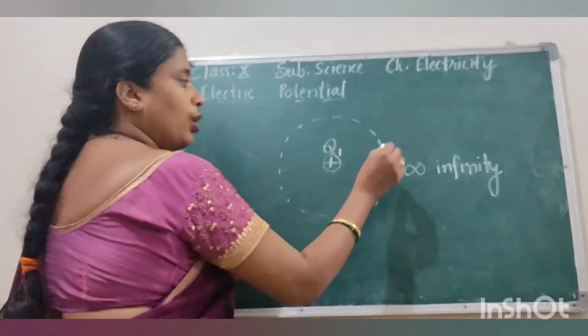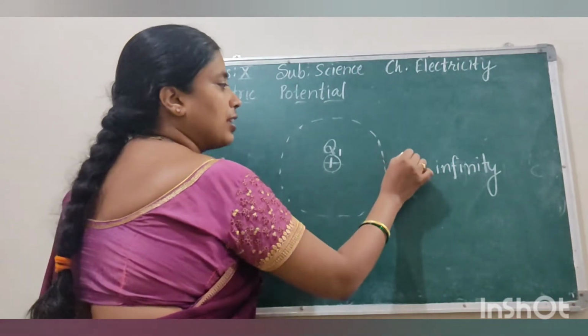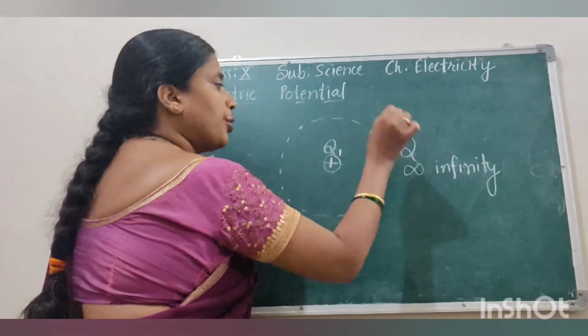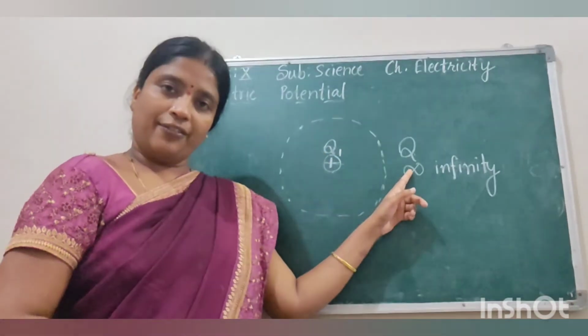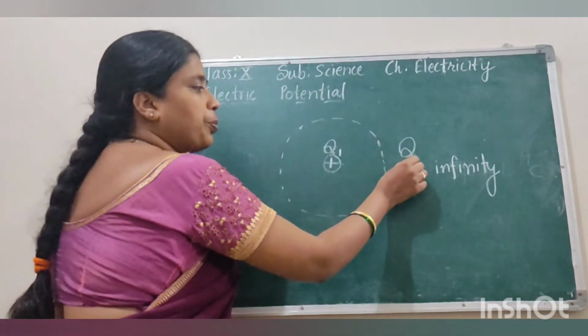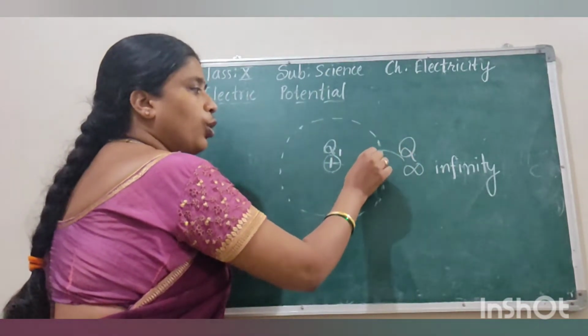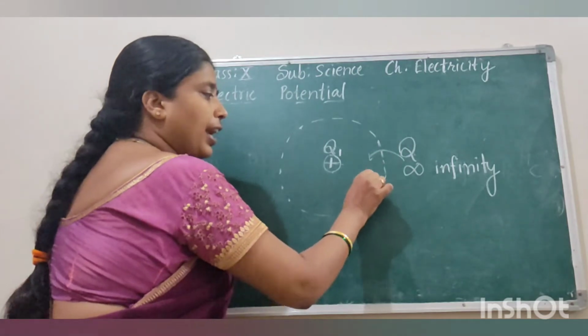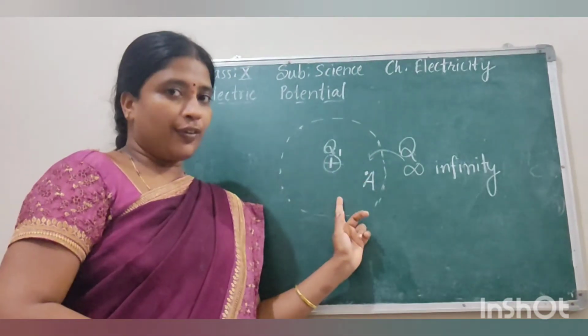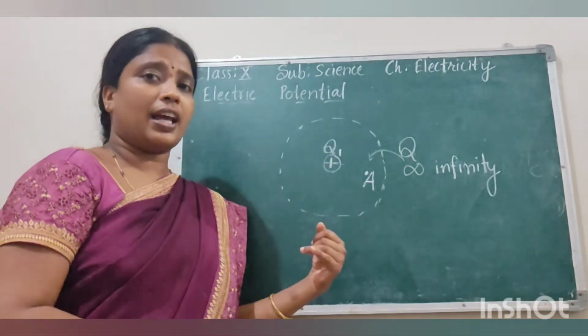Now if you have another charge Q which is at infinity and you are trying to bring this charge Q to a point A under the area of influence, some work has to be done.